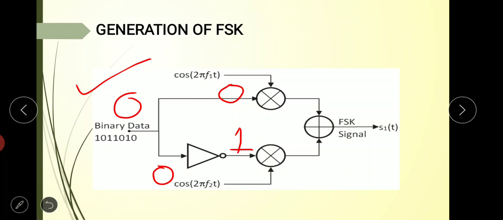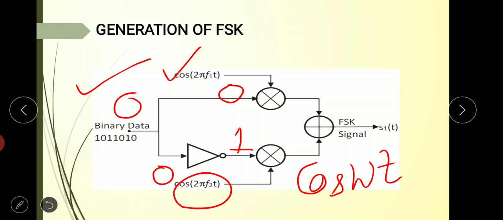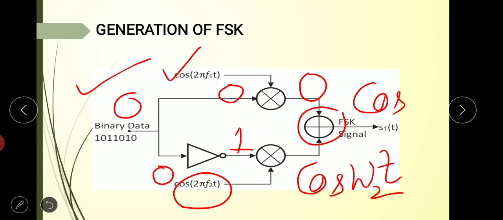One is the high frequency carrier signal, another one is the low frequency carrier signal. If this one is the high frequency carrier signal and this one is the low frequency carrier signal, then here we get cos omega 2t. But when we multiply 0 with this carrier signal, we get a 0 value. This one is the adder, so at the output we get a low frequency signal.